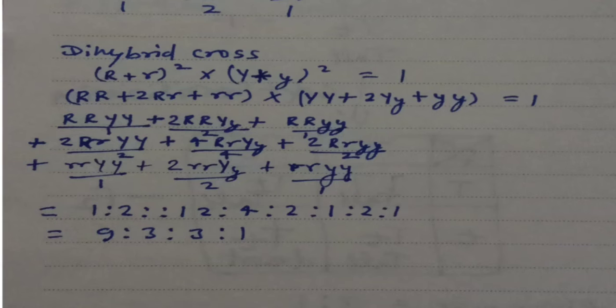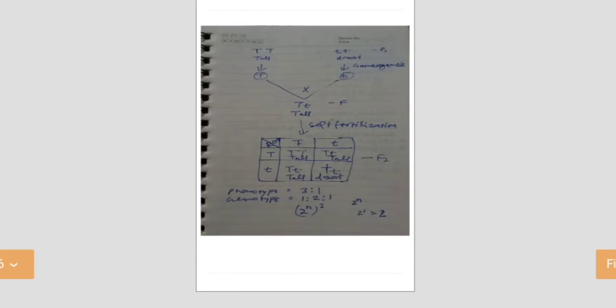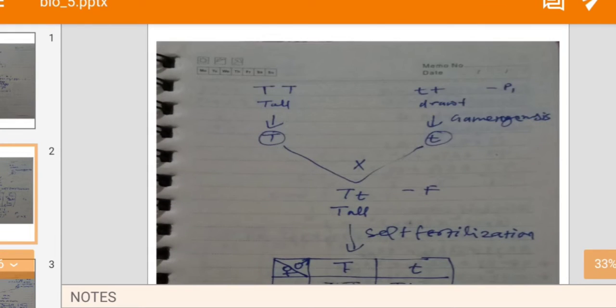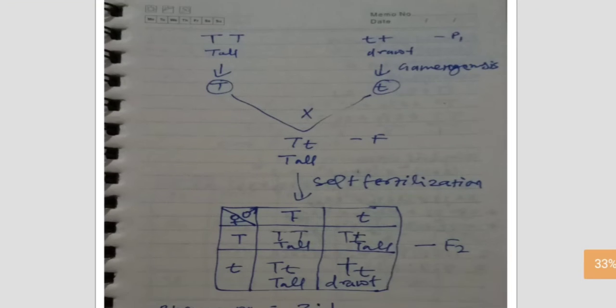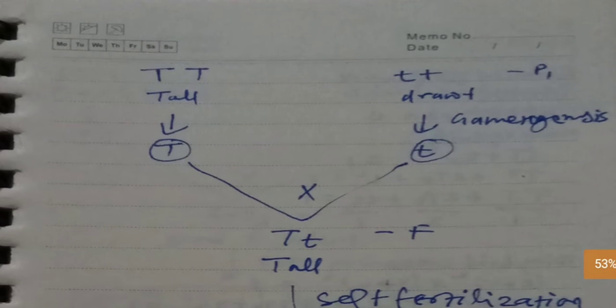The same thing we can see on the next page in the monohybrid and dihybrid cross. You have to see the same things here. This is a monohybrid cross on your screen. This is the P1 generation, the parental generation.